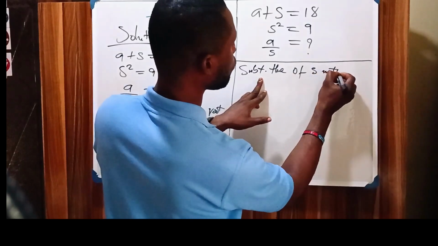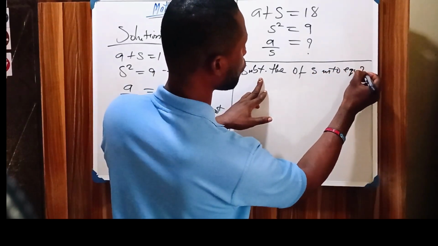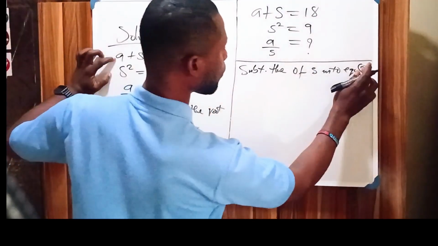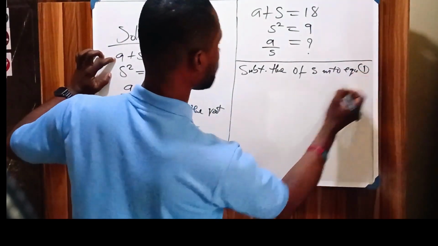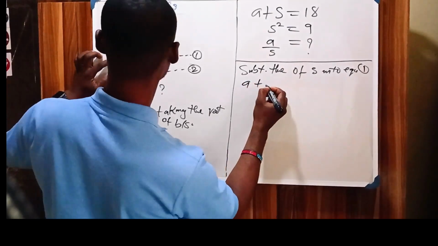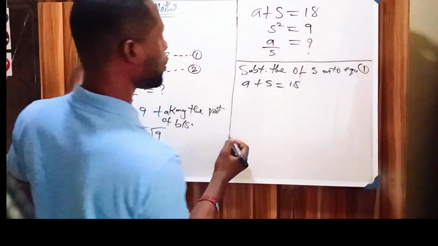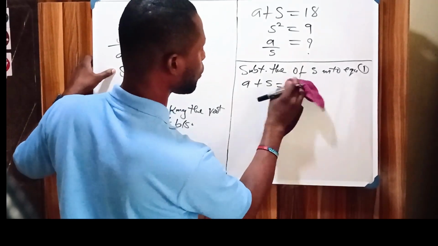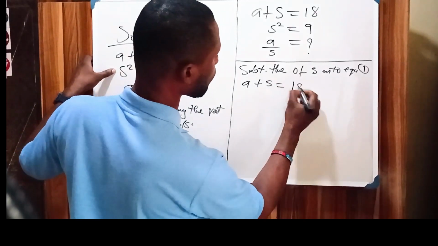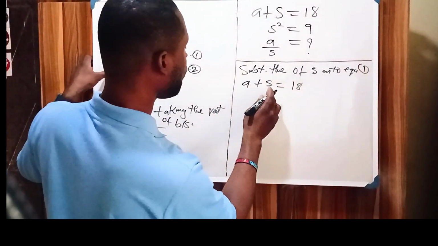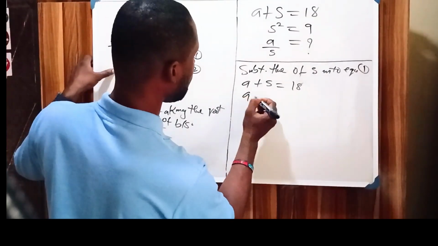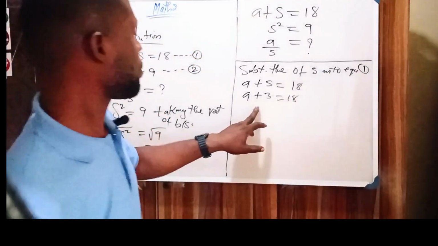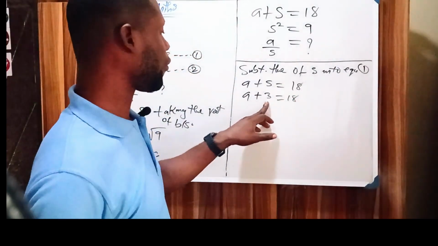Equation 1 is a plus s equal to 18. So we know the value of s as 3. So a plus 3 equal to what? 18. Now we can subtract 3 from both sides of the equation.